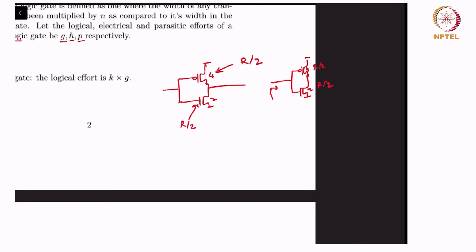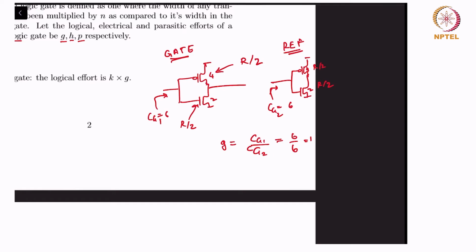So the gate cap CG2 is equal to 6 and CG1 is equal to 6. So yeah, the logical effort is CG1 by CG2. This is the reference gate and this is the gate we are looking to find the logical effort for. CG1 by CG2, that's 6 by 6, and it's 1. So for a size 1 inverter, the logical effort was 1.